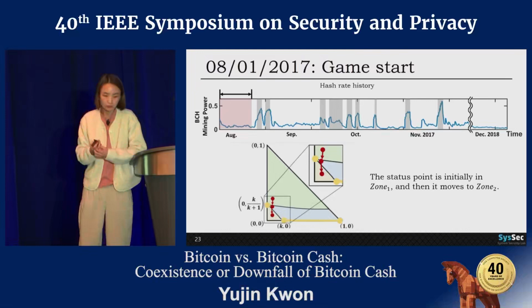How does the lack of loyal miners influence the Bitcoin Cash system? There are three things. First, worse scalability. The Bitcoin Cash transaction processing speed periodically became low, and it even took 4 hours to generate one block in some cases. Second, a lower level of decentralization.